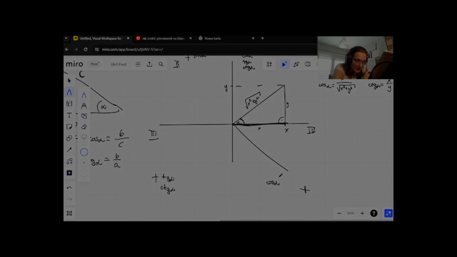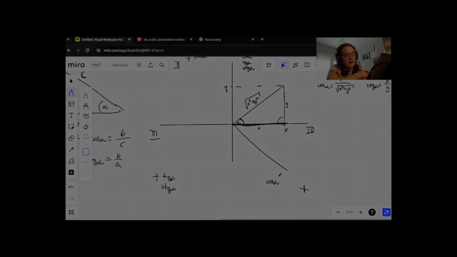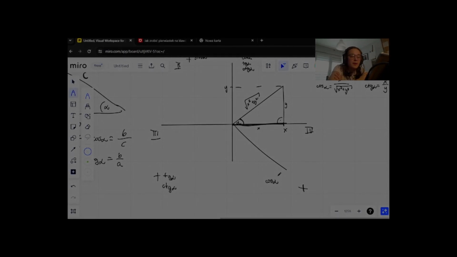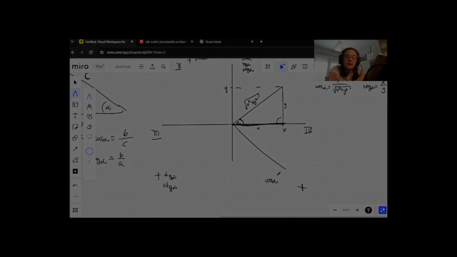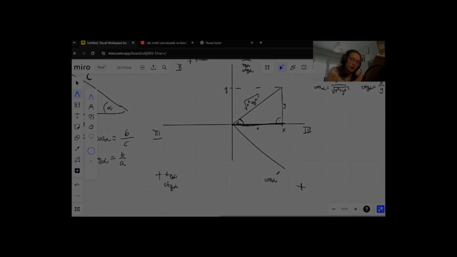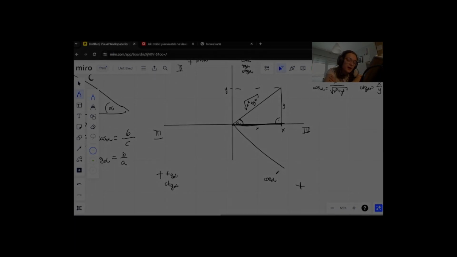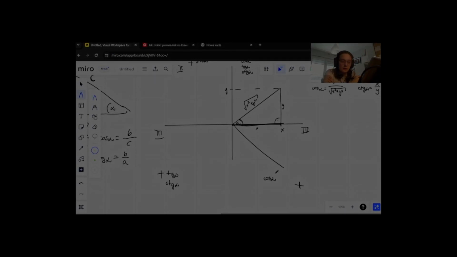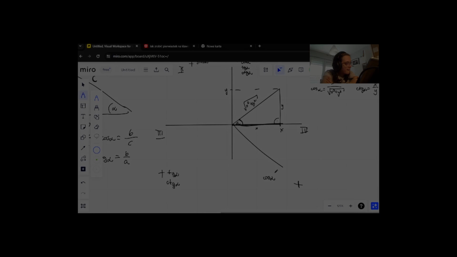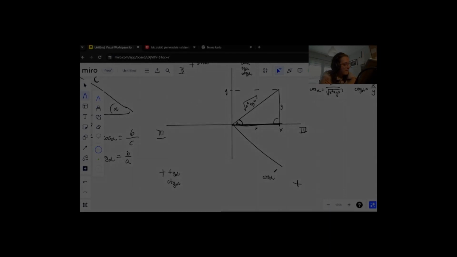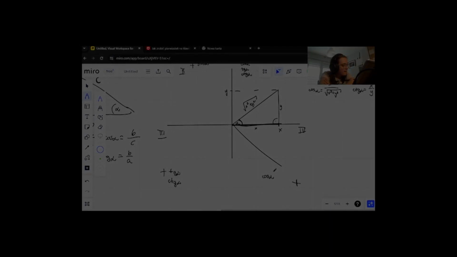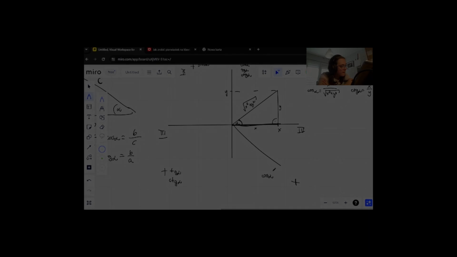So we write this. And tangens is y, which is negative, divided by x, which is positive, so we won't write this. And cotangens, which is x, positive, divided by y, negative, is negative. So the only one here will be cosinus.